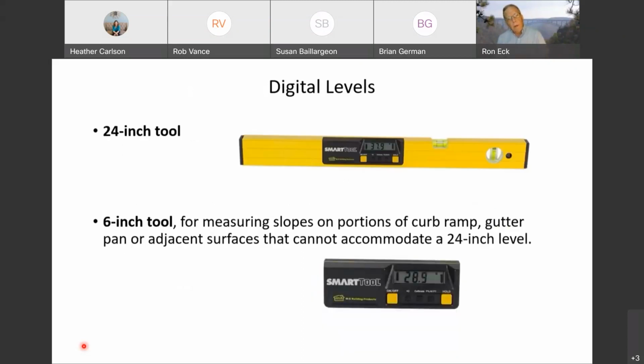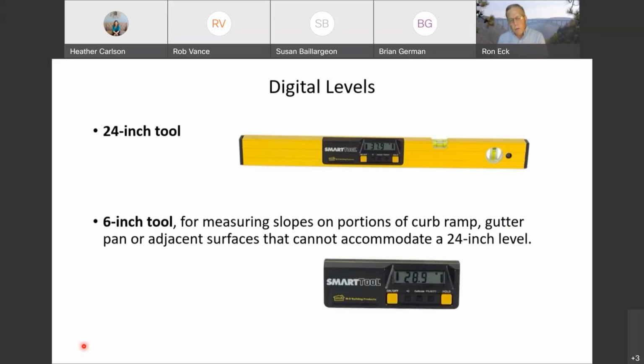in case you need to make temporary marks on a surface. I recommend having actually two levels, a 24-inch or 2-foot level and a 6-inch level. The 6-inch is for measuring slopes, as I'll show you, say on portions of a curb ramp or the gutter pan, which can't accommodate a 24-inch level. But the 24-inch level is typically recommended because that's the wheelbase of a typical manual wheelchair.